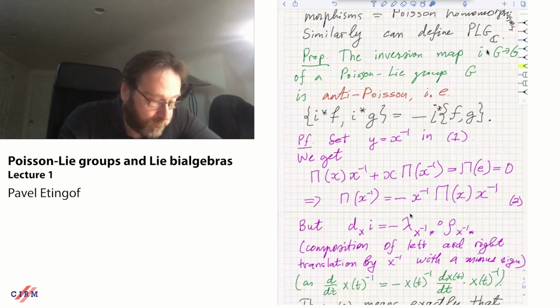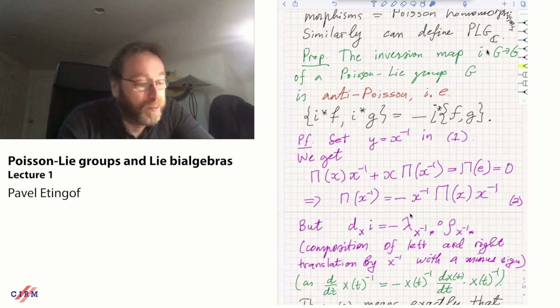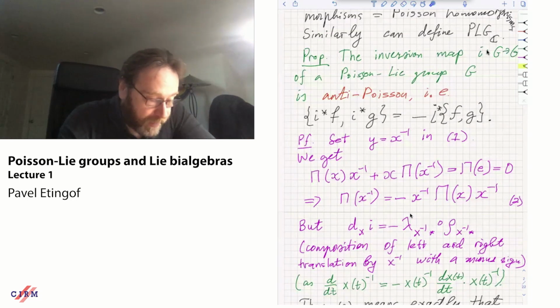Because if you compute the differential of I, this is wedge 2 of the tangent bundle, so we really have to look at how it is transformed by the differential of I. The differential of the inversion map at a point x is a composition of left translation by x inverse and right translation by x inverse, but with a minus sign.